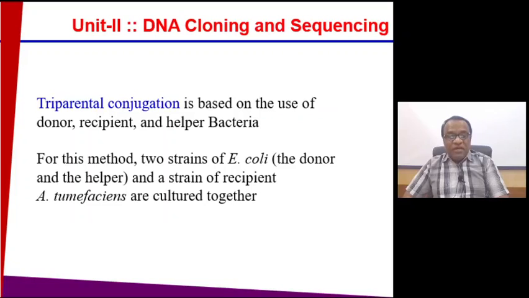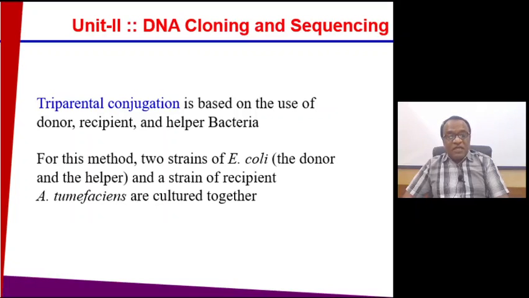Now the helper E. coli promotes the mobilization and transfer of the plasmids between compatible bacteria. This process is mediated by mobilization, that is MOB genes, and transfer, that is TRA genes, in the helper plasmid.